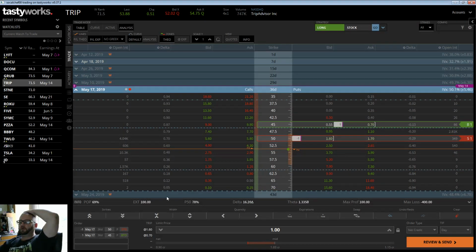I shoot for at least a 65% pop, which is a penny or more on expiration, and roughly 70% P50, because if it's about 75-80%, it's almost 100% chance that I'm going to get 50%. I usually will not trade if these are under 60 and under 70, 65, because it doesn't work. But it's high probability trading.